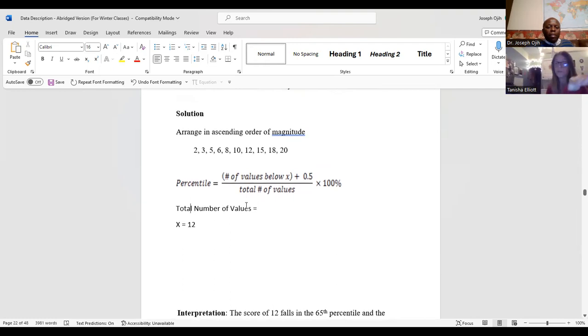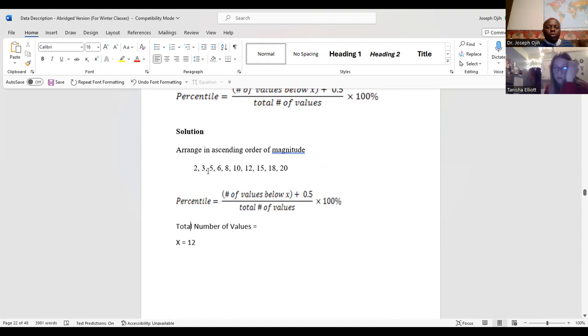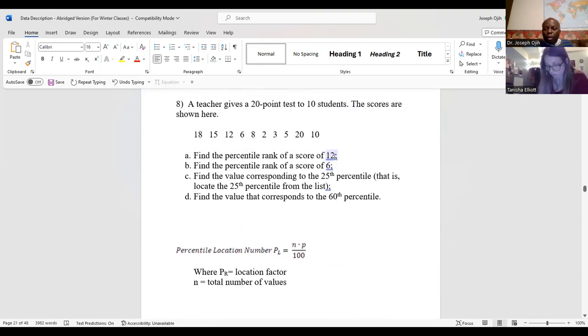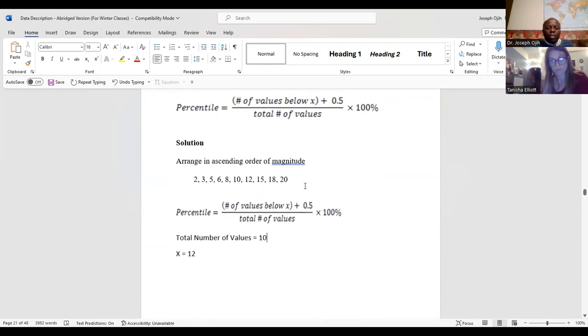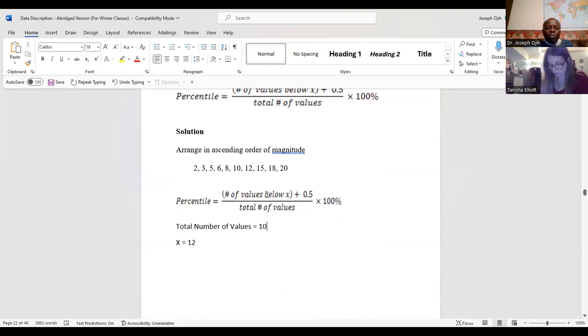Now the number is here. And how many of them? 1, 2, 3, 4, 5, 6, 7, 8, 9, 10 students. So you have 10 students, and you're looking for the percentile rank of the score of 12. The formula says number of values below X. Remember, our X is 12. How many numbers are below 12? 1, 2, 3, 4, 5, 6 of them.